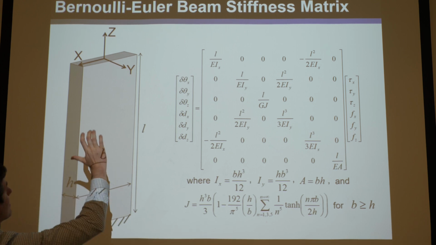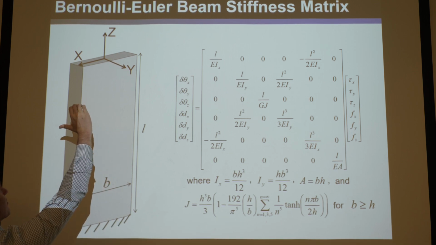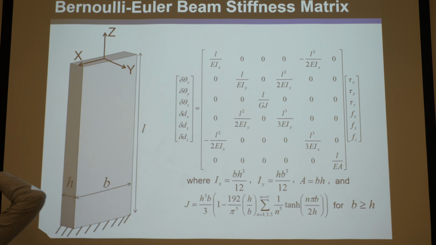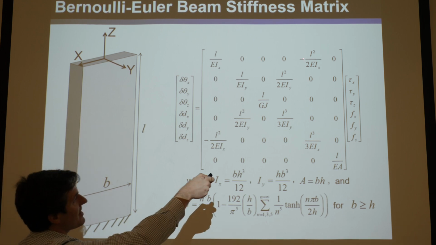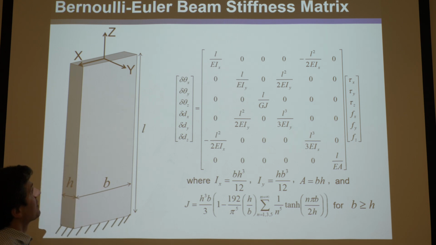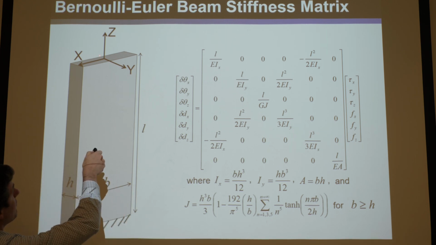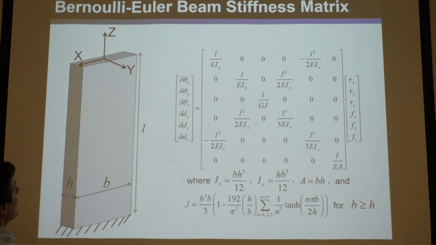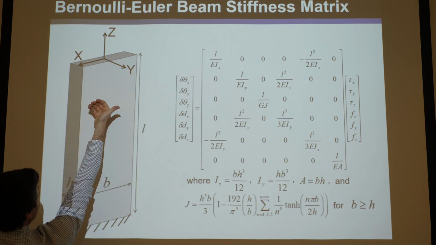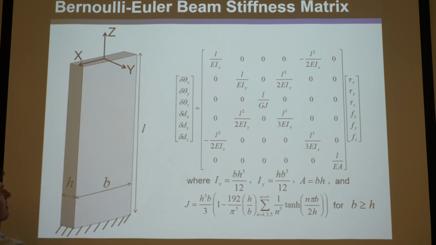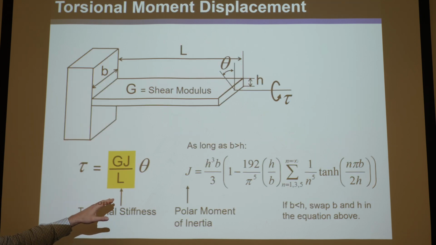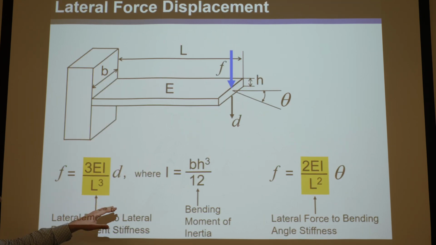And you have to always use your right hand, that would be a negative theta x, which is why this equation goes to negative here. Okay, so remember, if it's positive Fy, it's pushing that direction, it's bending the negative direction that way, so you have to subtract it. And look at this.